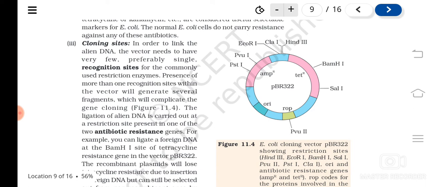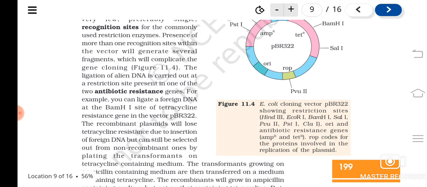All these are restriction sites. Now, the ligation of foreign DNA is done at the BamH1 site of the tetracycline resistance gene.